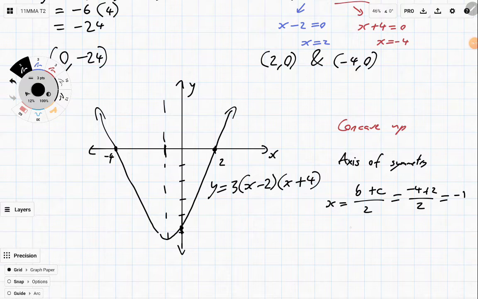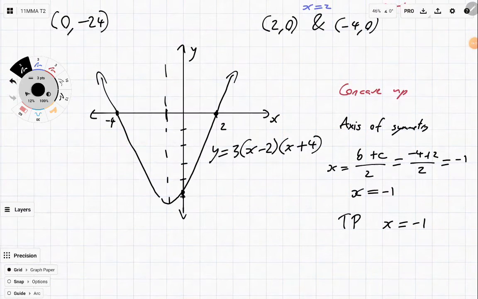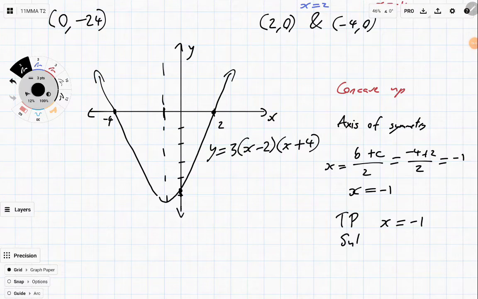So the axis of symmetry is x equals -1, which also means that the turning point, well, we already know the x-coordinate. The x-coordinate is -1. So the y-coordinate is going to be whatever the function is evaluated at x equals -1. So sub x equals -1 into the equation.